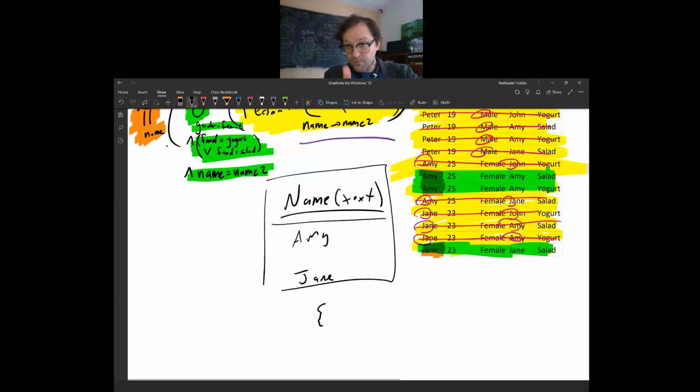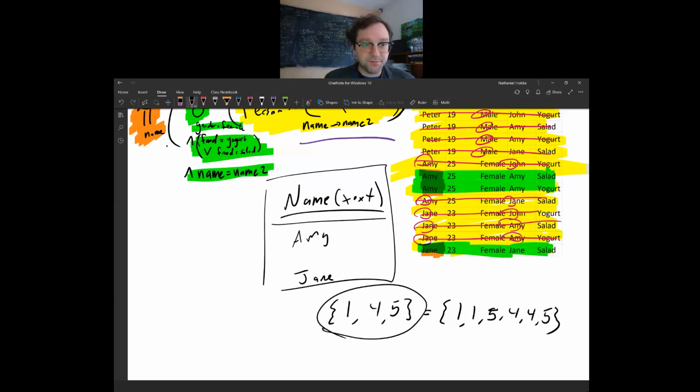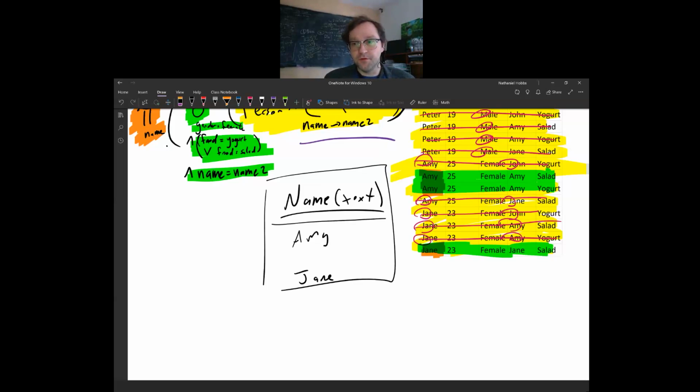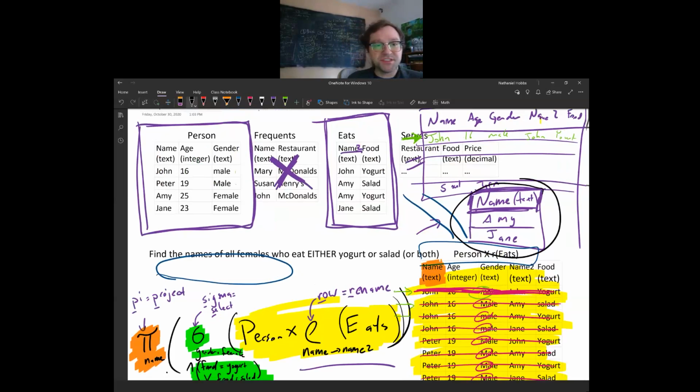So the set 1, 4, 5 is equal to the set 1, 1, 5, 4, 4, 5. Right? The set is just the minimum, no repeats by convention. So the same thing, if it's a set, then that would be a repeat, and you get rid of it anyway. And so that's it. And so we have one relation with 2 rows, Amy and Jane, and that's what we said here, was what you had expected.